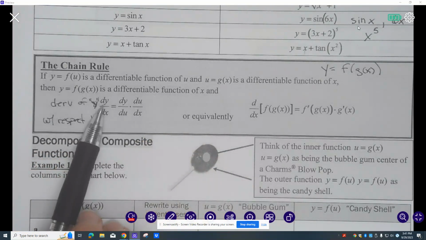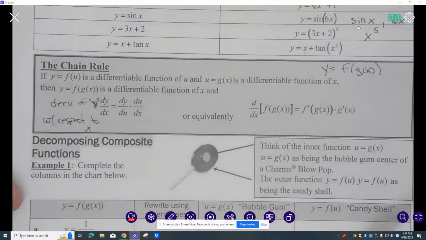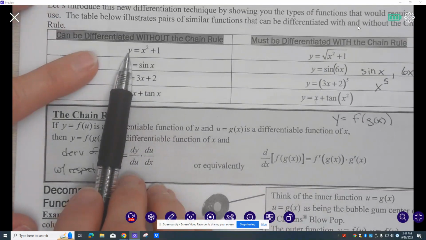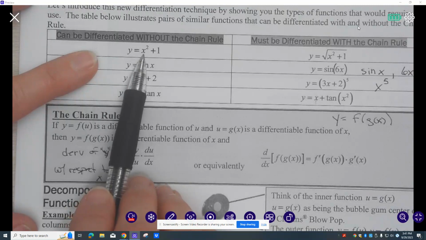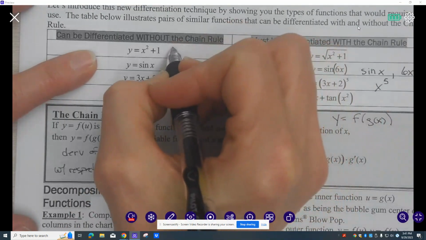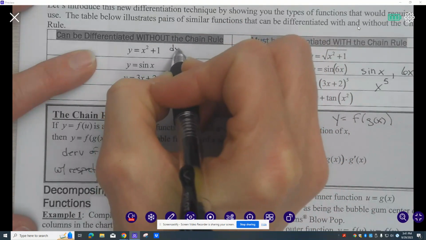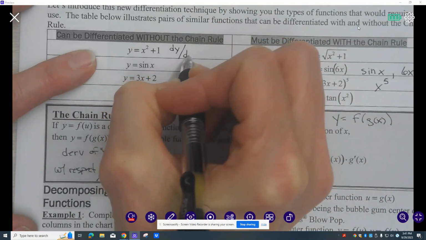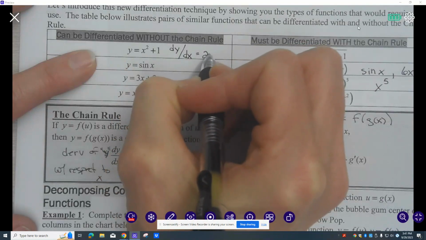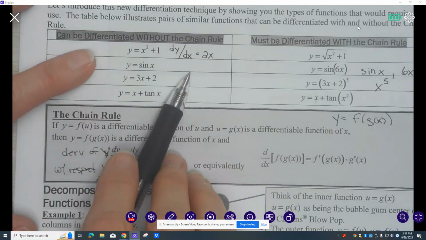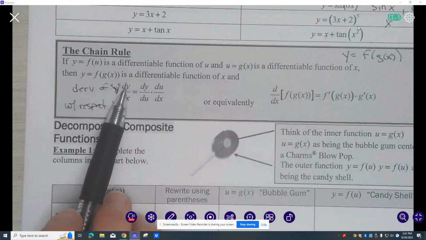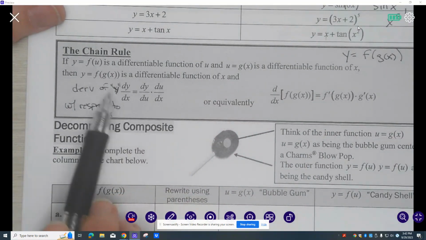So that means I have a function that I'm calling y equals, and the variable in that function is x. So for example, this is a function y, and the variable in it is x. So if I'm taking the derivative of this function, I'm taking the derivative of y with respect to x, and I would get 2x.